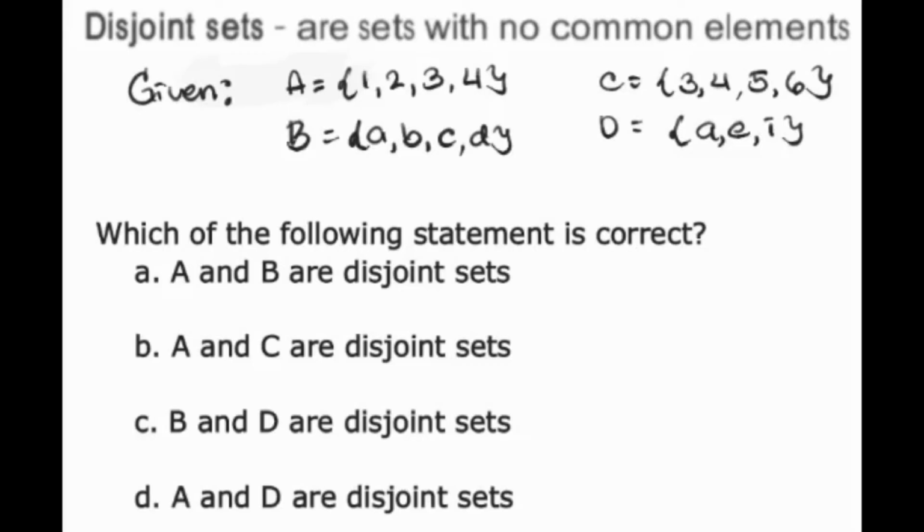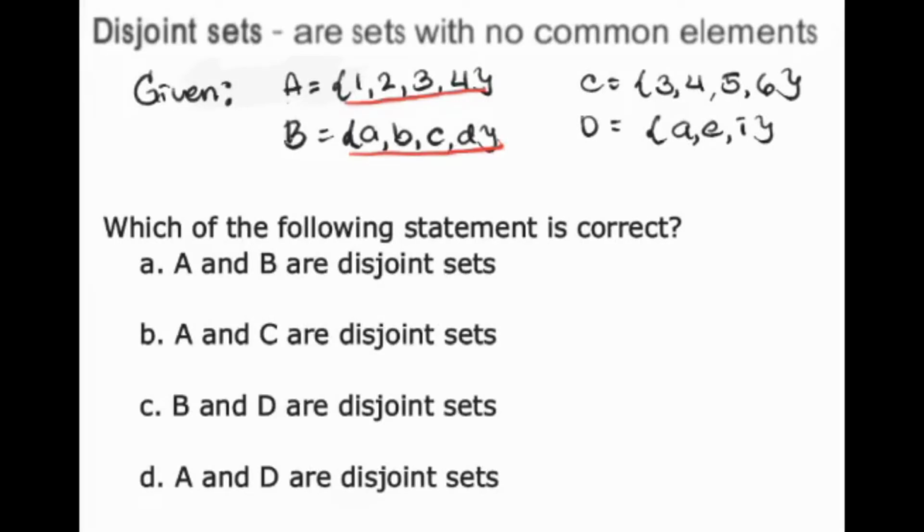So, sa letter A, sa una, ang sabi dito, A and B are disjoint sets. Okay, so do you agree that set A and set B are disjoint sets? Okay, so let's examine the elements. Ang set A ay mayroong elements na 1, 2, 3, 4. Ang set B naman ay mayroong elements na A, B, C, D. Okay, so as you see, they have no common elements because ang set A ay set of numbers at set B naman natin is set of letters.